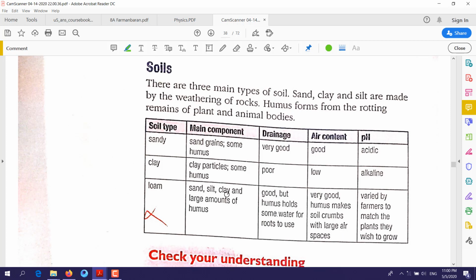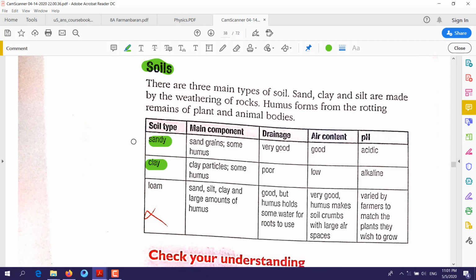Soils. Soils, from the name, it says soils. What does that mean? It means we have more than one type of soil. Soil in general consists of either sand or clay. Okay, so we have three types of soils. The first one we call sandy soil. The second one is clay.